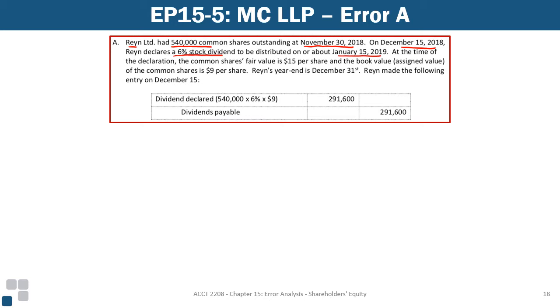Now, at the time of the declaration, the common shares' fair value is $15 a share, and the book value is $9 a share. And so they made the following entry. They debited dividend declared for 540,000 shares times 6% times $9 for $291,600, and they debited dividends payable for $291,600.